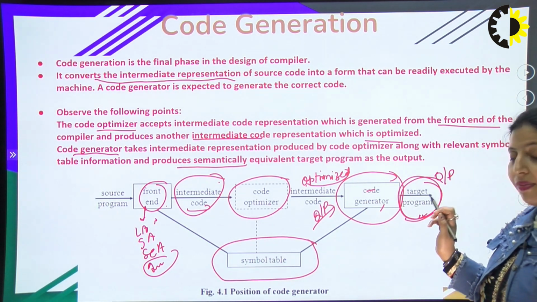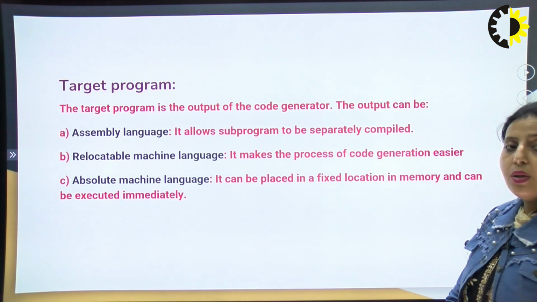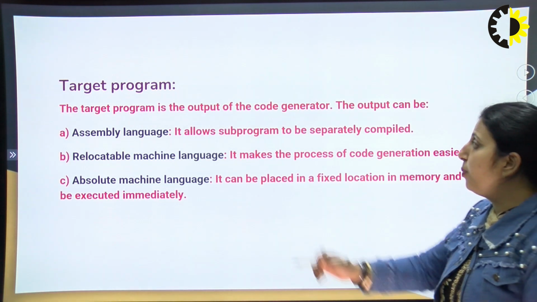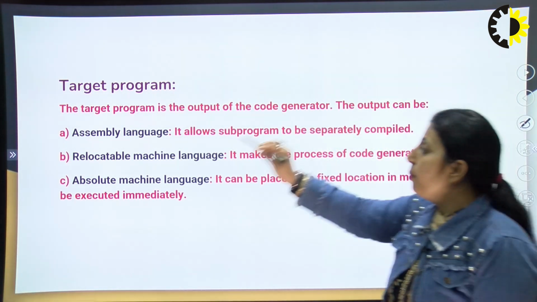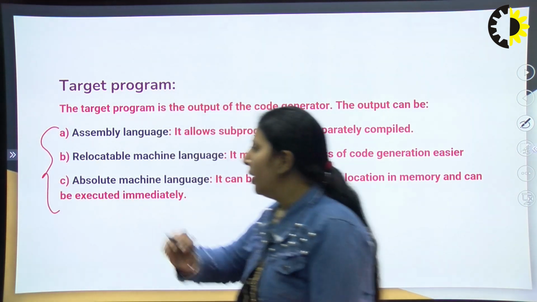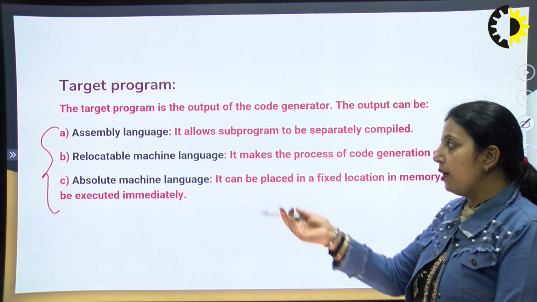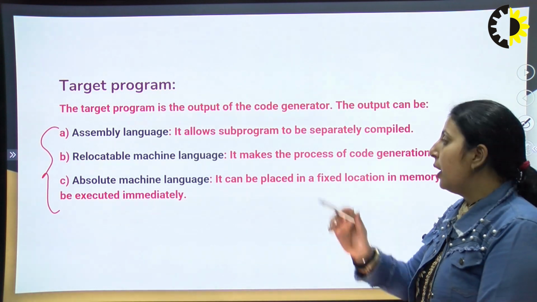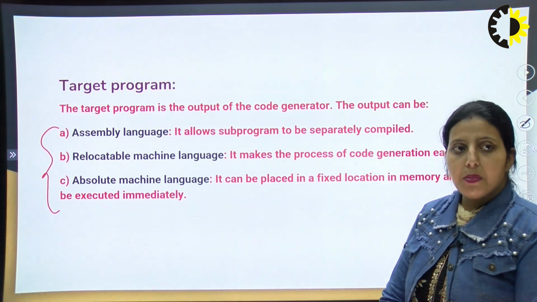So why is this a design issue for the code generator? Because the target program is the output of the code generator, and it can be in any of the 3 languages: either assembly language, relocatable machine language, or absolute machine language.